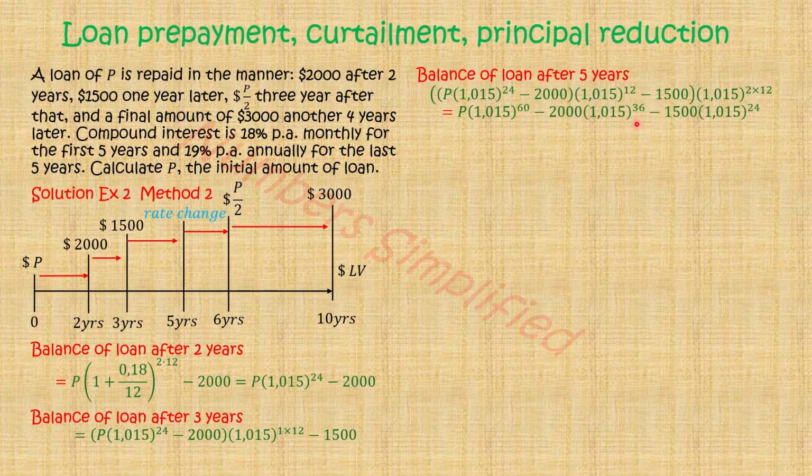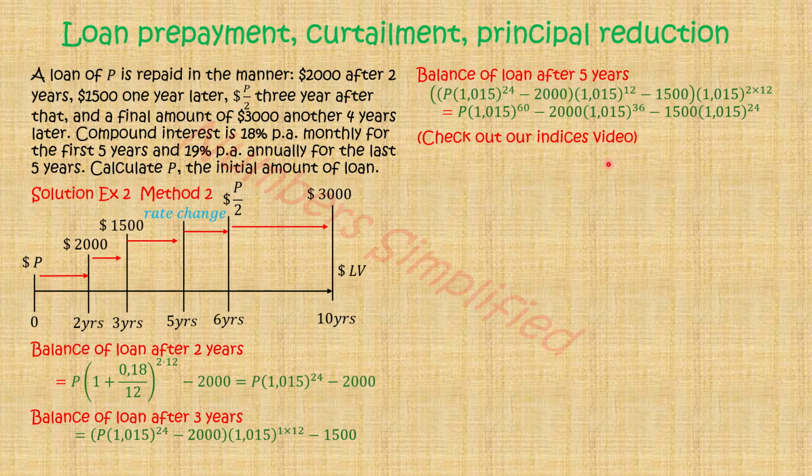Now with the laws of indices, that would give us to the power 36. And the same would go for the first part, P times 1.015, which would end up being to the power 60, because we add the powers. Remember from the laws of indices, and I encourage you to check our video on laws of indices if you have no idea of what we are doing here, because that will be beneficial. When we are multiplying the same terms, we just add the powers. That is what we learned from indices.